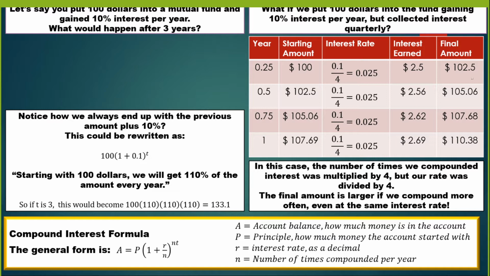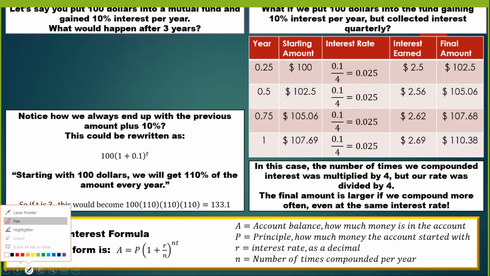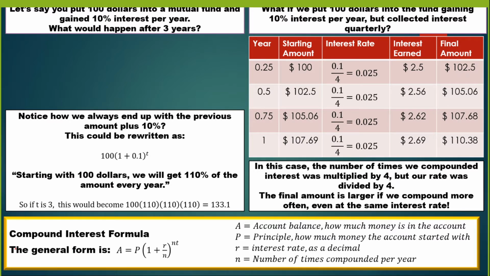So at the end of the first year, we would end up with more than just the $110 that we had when we were compounding annually. The more times that you compound, the larger your number becomes. However, there is an upper limit on how much we can compound here. And if we wanted to find it, we could take the limit.